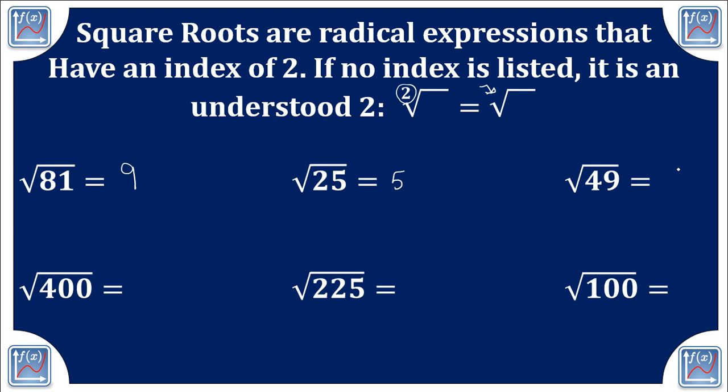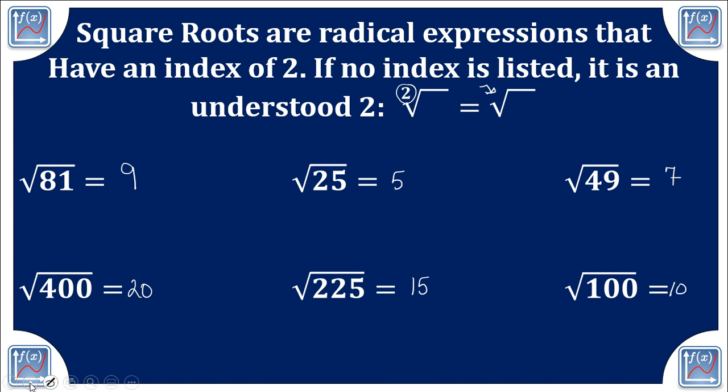The square root of 49 is 7. The square root of 400 is 20. 20 times 20 gives us that 400. The square root of 225 is 15, and the square root of 100 is 10. So this is one of the reasons it's very important to have your perfect squares memorized so I can easily identify the roots.